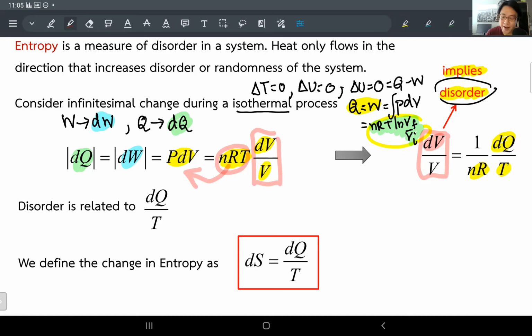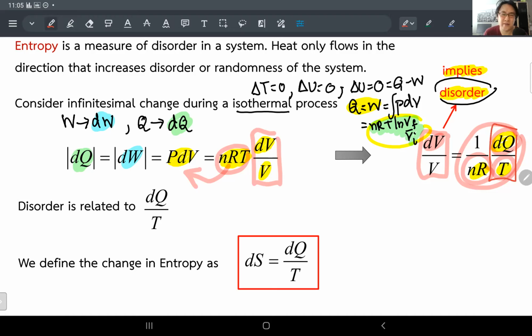When you look at the right-hand side, you can take this disorder into account by looking at the heat, the temperature, and the constants of that gas. When physicists look at this, the only term that seems crucial to this ratio is right here: the heat per temperature.